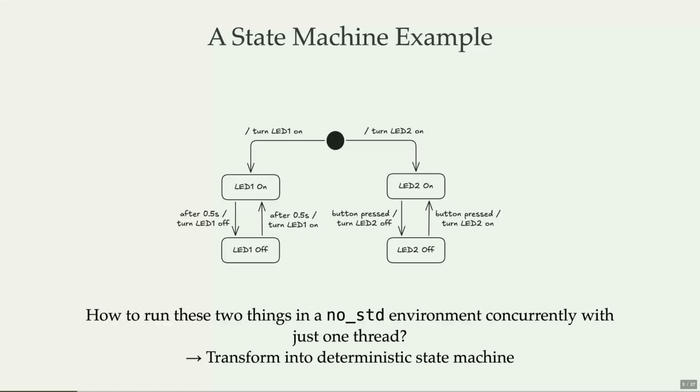And the answer to this is we transform it into a deterministic state machine. This is also something that is really common in classic embedded programming, which you will see if you have a complicated thing that you're going to model, you model a non-deterministic version and then transform it into a deterministic one.